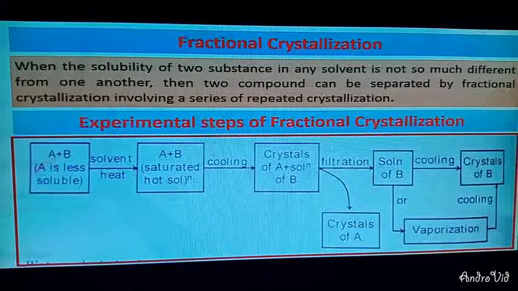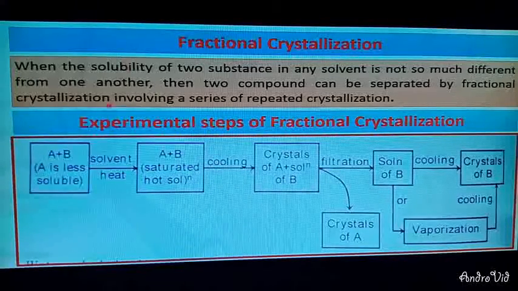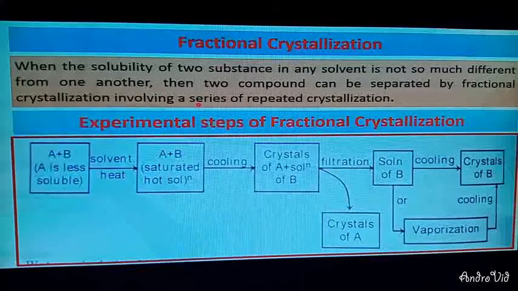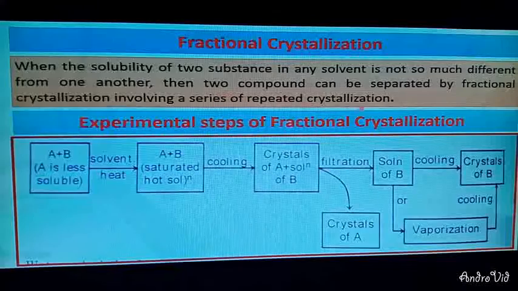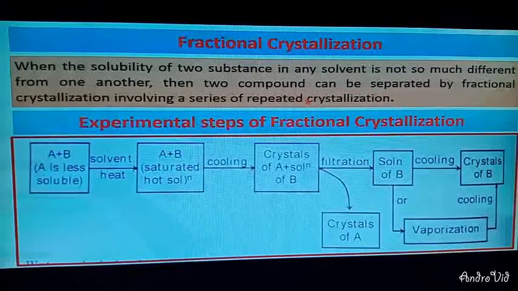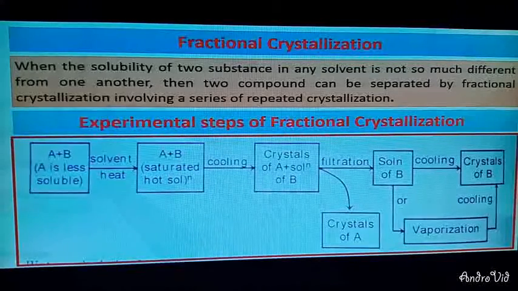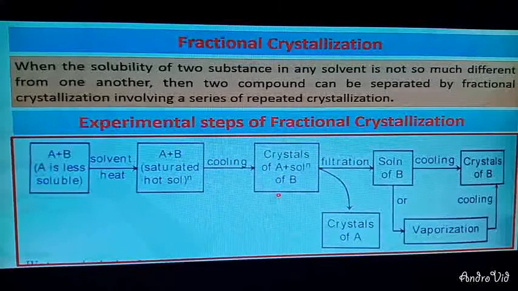In that case, this process involves a series of repeated crystallizations. You have to carry out the crystallization a number of times. These are basically the experimental steps of fractional crystallization that you have seen in the slide.